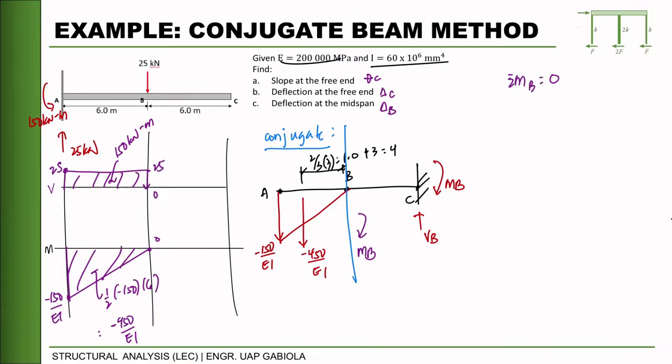So that is 450. So this is MB, negative 450 over EI times 2/3 of 3, that is 2.